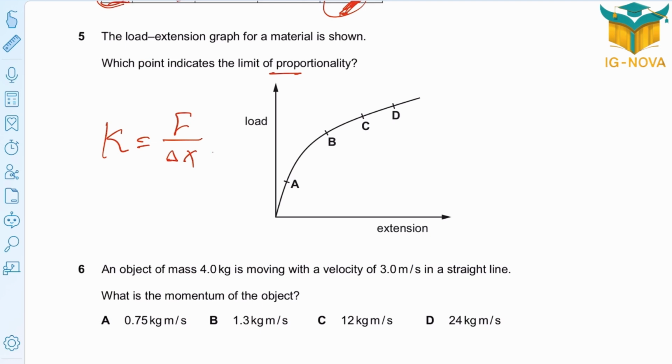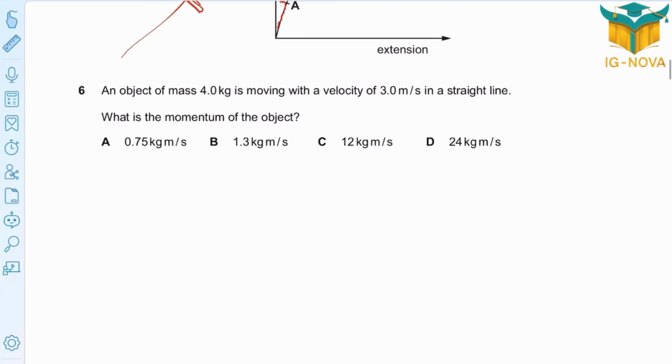For that, it's a direct relation described by a straight line. After the limit of proportionality, the line will not be straight, it will change. So this is the limit of proportionality, described by point A, a straight line, and after that, random deformation and distortion happen. Good question.